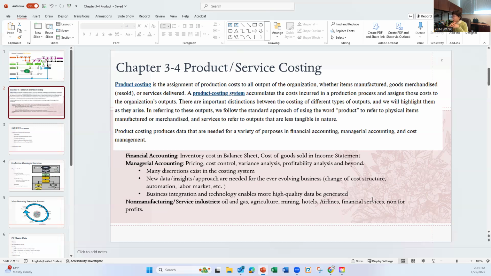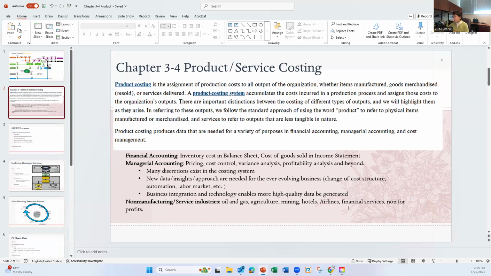For example, the gasoline cost, the salary of the crew members, and other supplies in operating the airplanes. So those costs will be labeled as the cost of service. That's similar to the product cost we used in manufacturing industries.